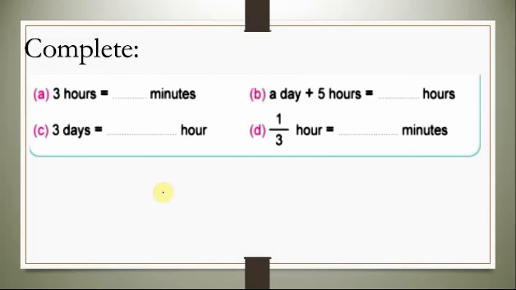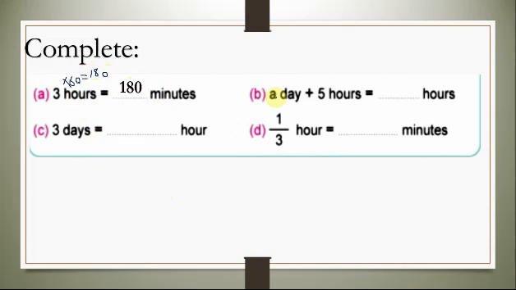Okay, let's move to this one. 3 hours equals how many minutes? Between hours and minutes, multiply by 60. So 3 times 60 equals what? I have a 0, so I'll put it. Then 3 times 6 equals 18. So the answer is 180.